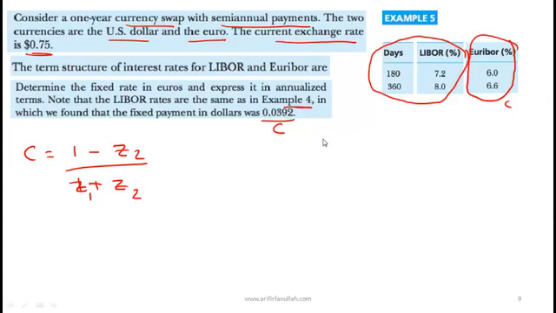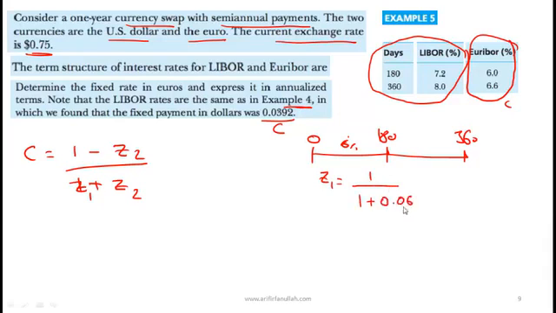So when you take your Euribor, what are the Z's? So 0, 180, 360. The 180-day rate is 6%. So what is Z1? Z1 is 1 over (1 plus 0.06 over 2), which is equal to 0.9709.